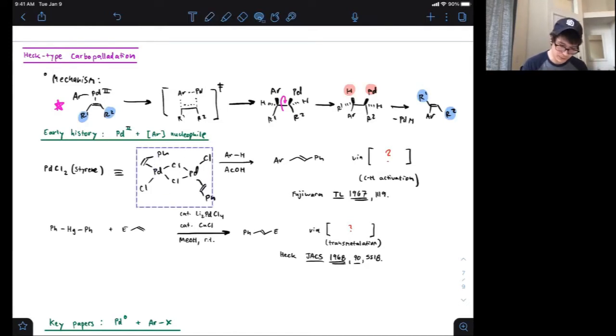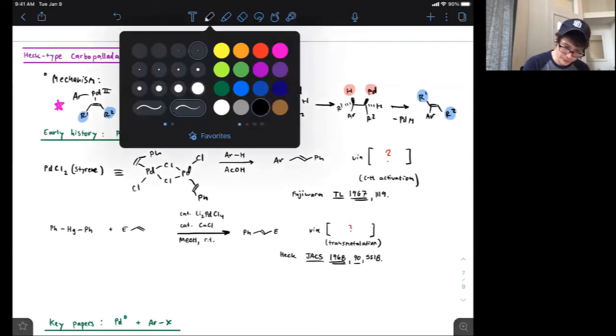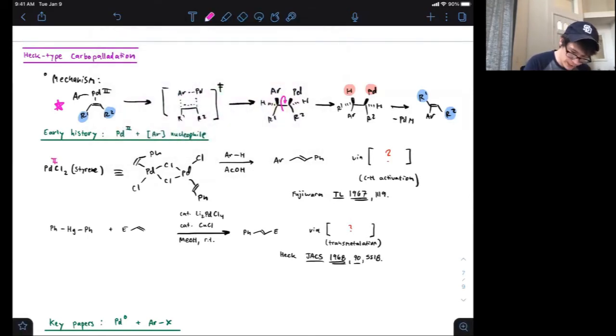Okay, so we have this palladium-2 styrene dimer that's basically refluxed in the presence of an arene solvent such as toluene or benzene and acetic acid, and what's spit out at the end is a stilbene complex. If you look at the oxidation states involved, it's palladium-2 going in, and as we'll see later in the CH activation lecture, palladium-2 plus arene plus a carboxylate base is normally a recipe for what's called a concerted metallation deprotonation type CH activation.